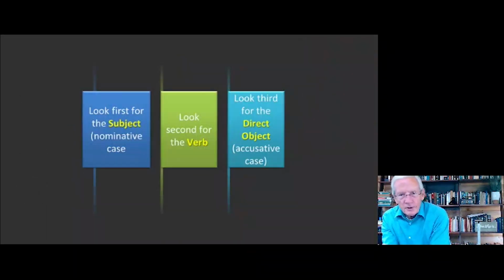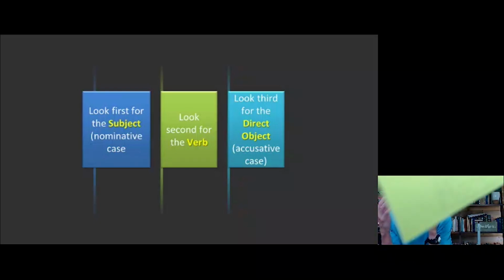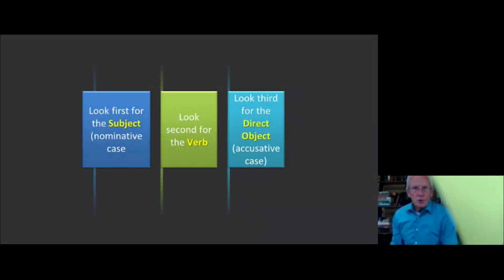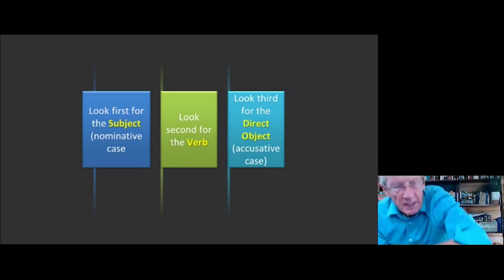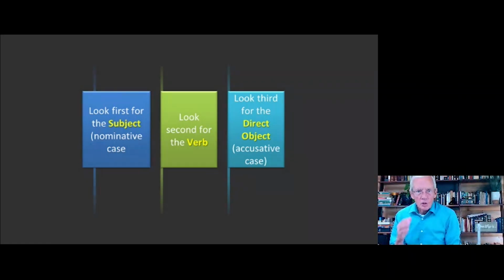When you're working with a Greek sentence, always be looking for your subject first, your nominative case. Second, look for the verb and relate the subject to the verb. And finally, look for the direct object, and that is your accusative case.